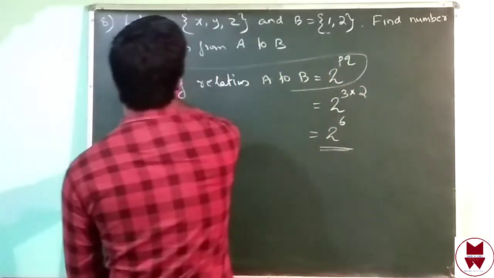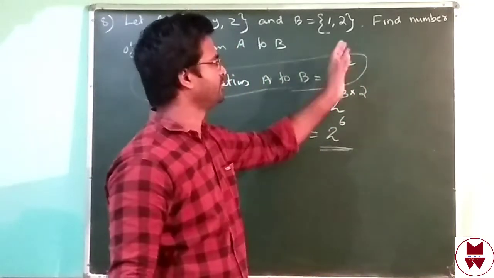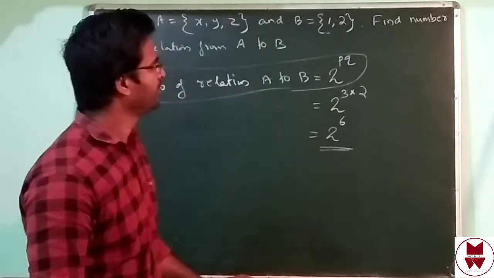This is one formula: number of relations is 2 raised to P into Q. Study it by heart. You can do that.